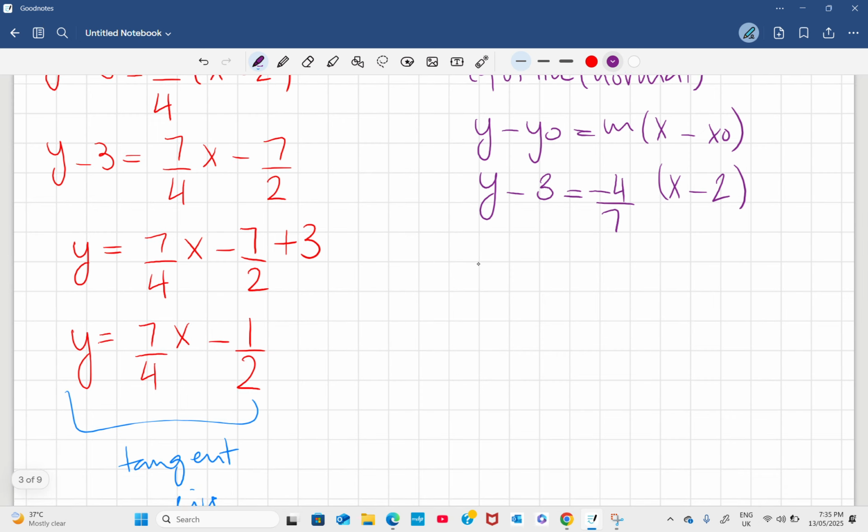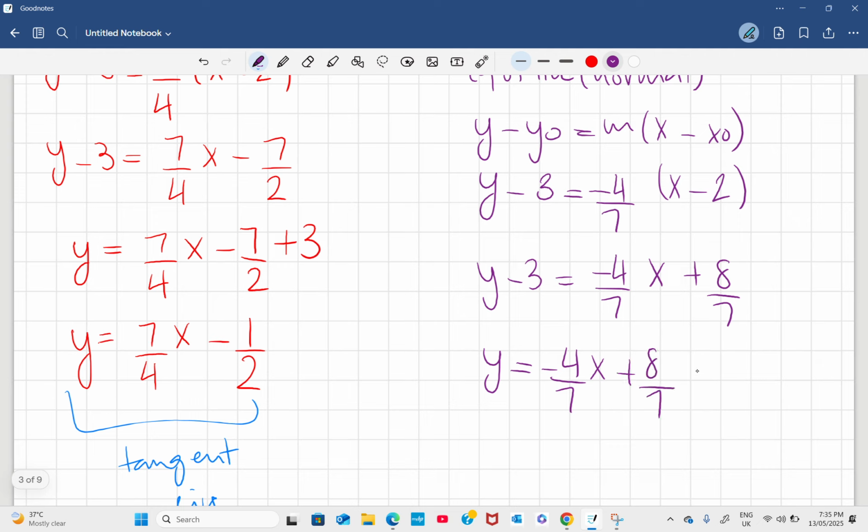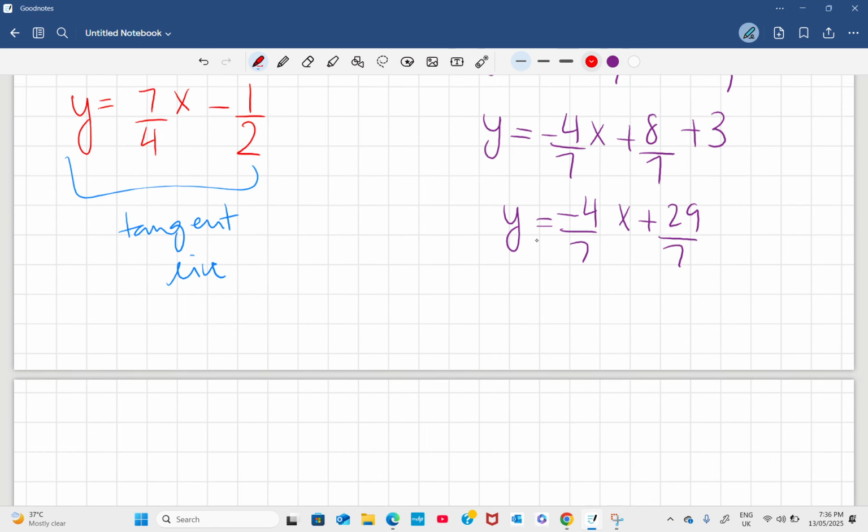Y minus 3 equals negative 4 over 7x plus 8 over 7, when you multiply negative 4 over 7 times minus 2. So y equals negative 4 over 7x plus 8 over 7 plus 3. So I get y equals negative 4 over 7x plus 29 over 7, and this is my equation of the normal line.